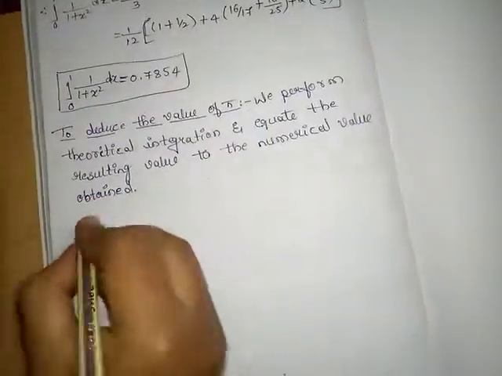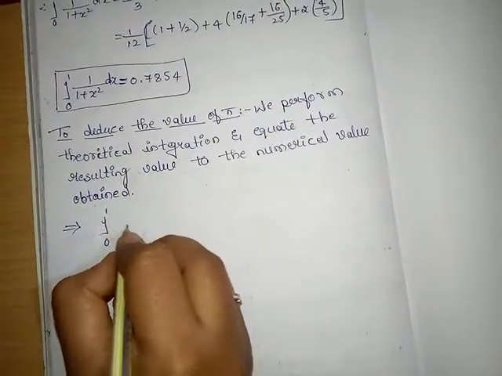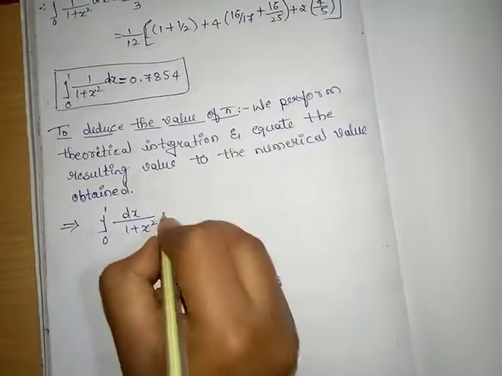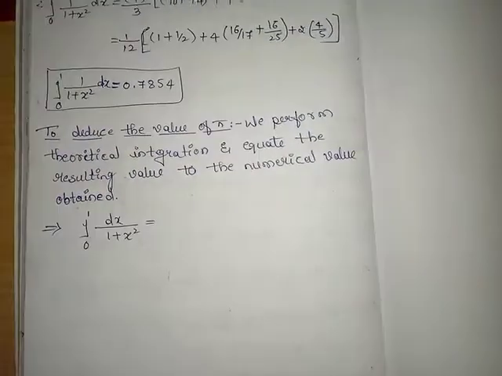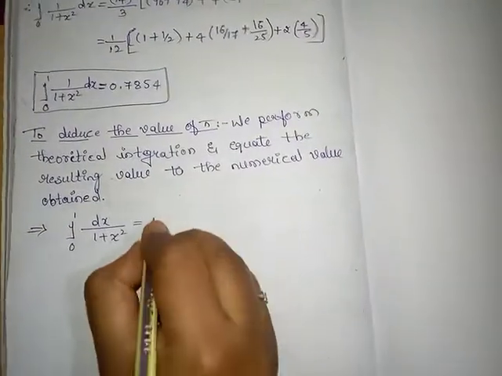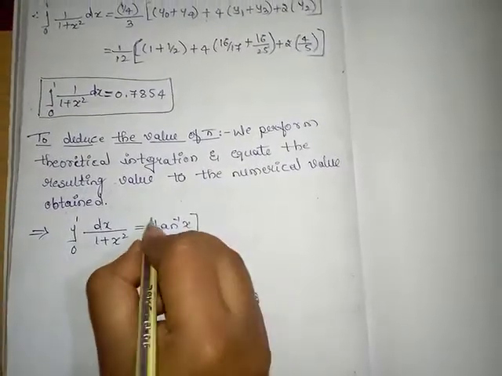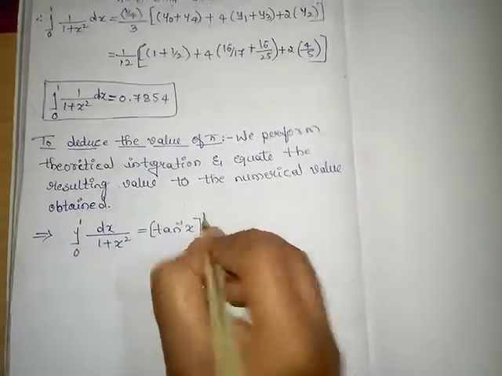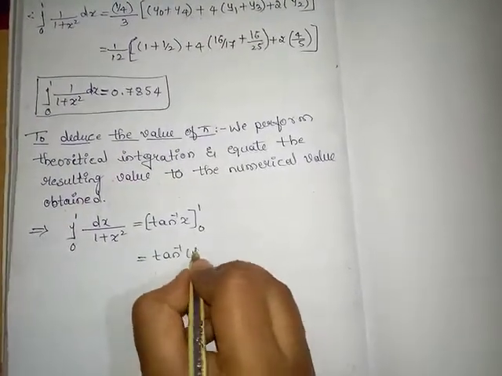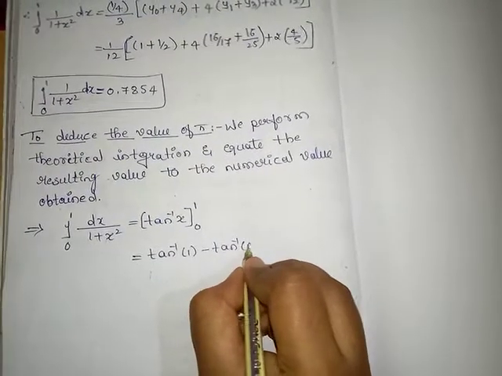Therefore, integration from 0 to 1 of dx divided by 1 plus x square. We know that integration of dx divided by 1 plus x square is tan inverse of x. You must know all these results. Here limits are 0 to 1, which is upper limit minus lower limit: tan inverse of 1 minus tan inverse of 0.